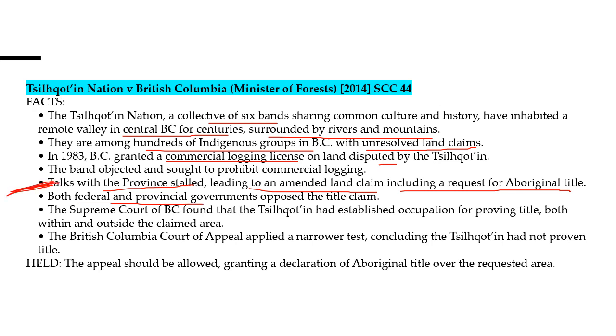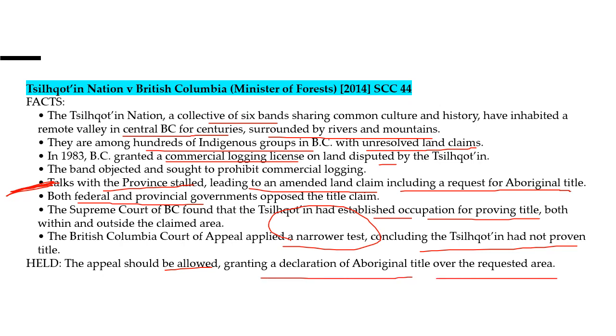The Supreme Court of British Columbia found that the Tsilhqot'in had established occupation for proving title both within and outside the claimed area. The British Columbia Court of Appeal applied a narrower test, concluding that they had not proven their title. The appeal should be allowed, granting a declaration of aboriginal title over the requested area.